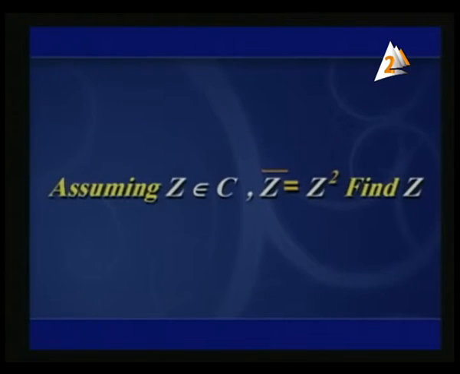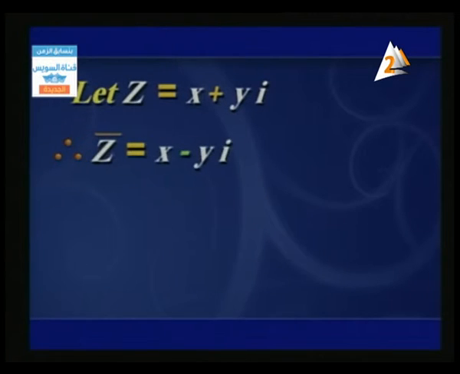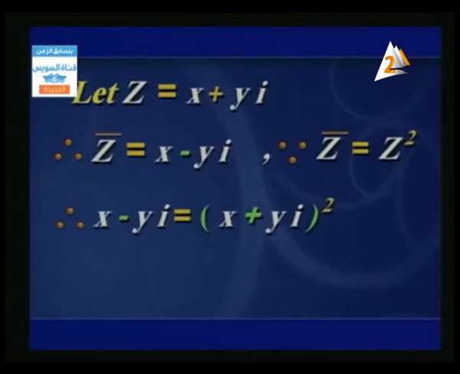Assuming that z belongs to C and z̄ equals z², find z. Solution. Let z equals x + yi, therefore z̄ equals x − yi, the conjugate. Since z̄ equals z², therefore x − iy equals (x + yi)².